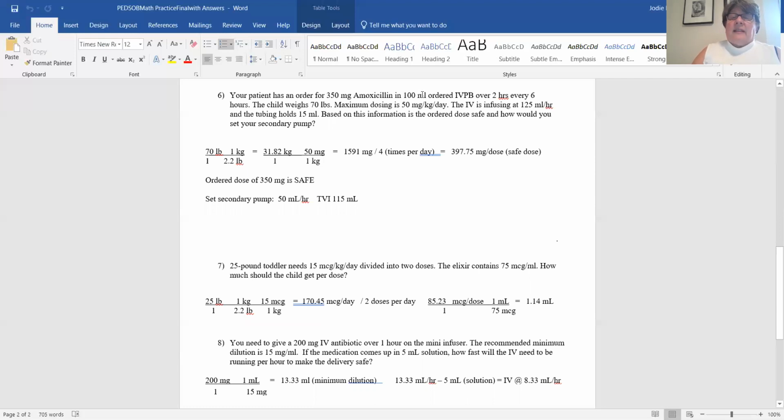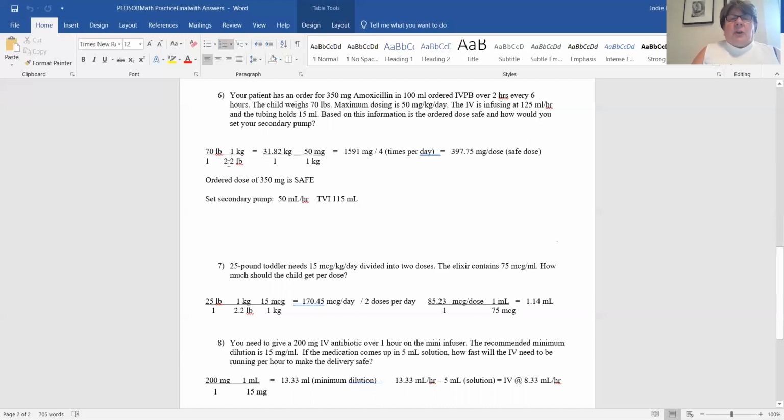So this is running every 6 hours, but when you figure it out, it is going to be a full per day rate. The IV is infusing at 125 mils per hour and the tubing holds 15 mils. Based on the ordered dose, is the ordered dose safe? How would you set your secondary pump?